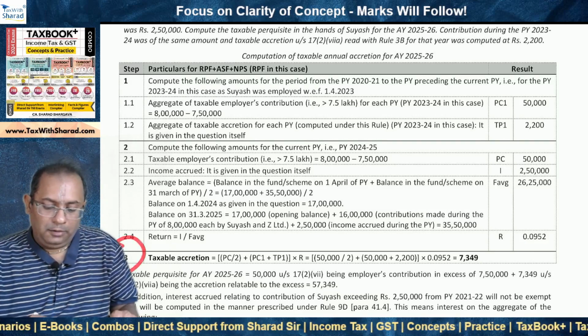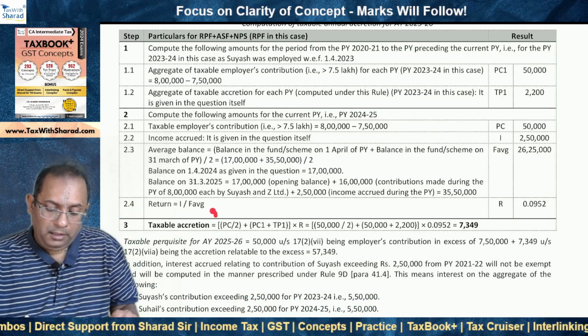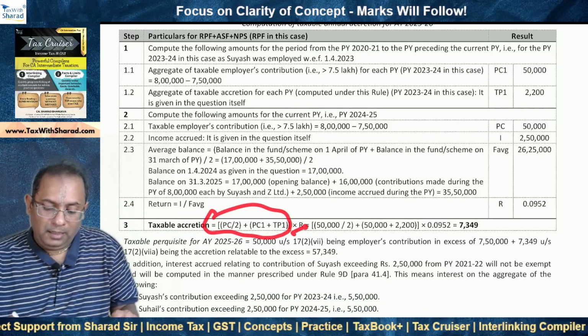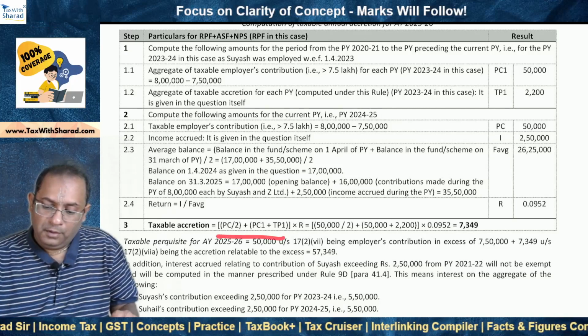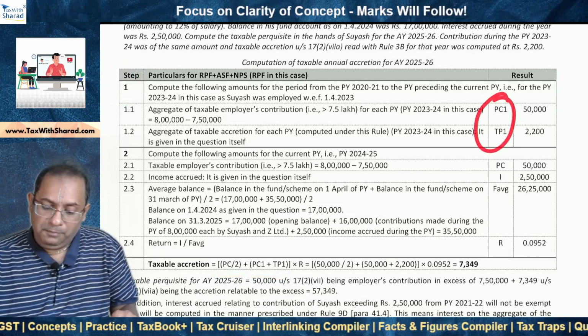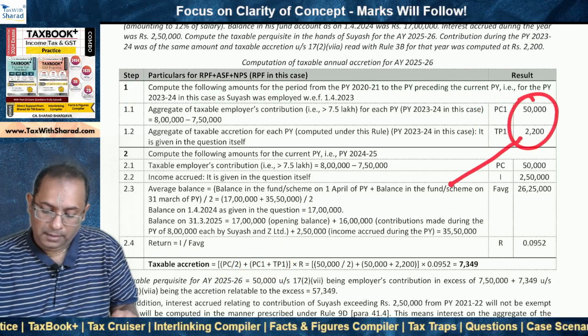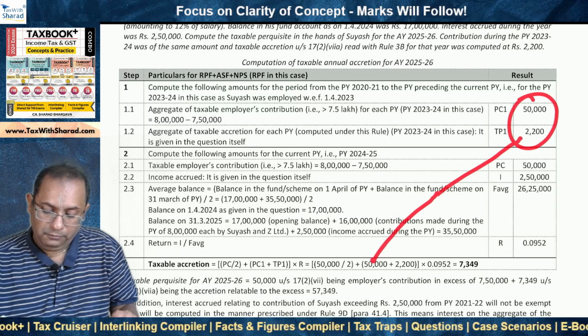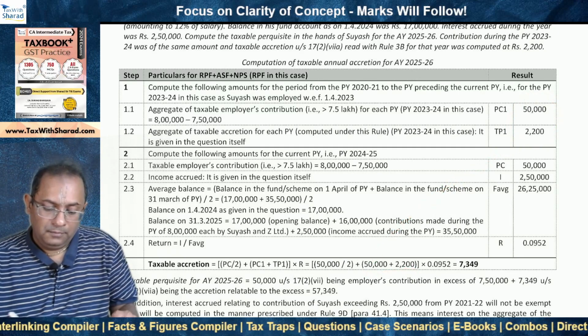And lastly, we'll figure out the taxable accretion. As we noted in the formula, we need to multiply a particular amount by R. And what is this particular amount? For step 1, we need to take PC1 plus TP1. This is 50,000 plus 2,200, so 52,200.